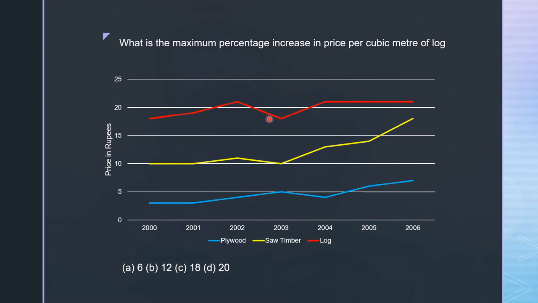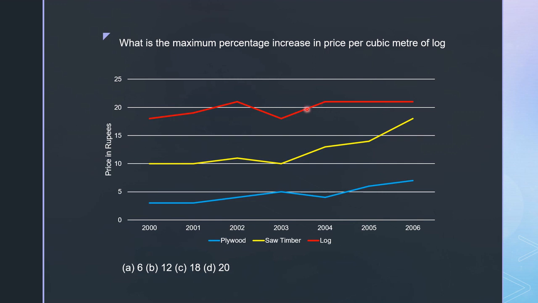Again, in 2003 the value is 18, in 2004 the value is 21, 2005 is 21, 2006 is 21. So in 2003 the value is 18 and in 2004 the value is 21. In this case the difference is 3 and this is the maximum difference.